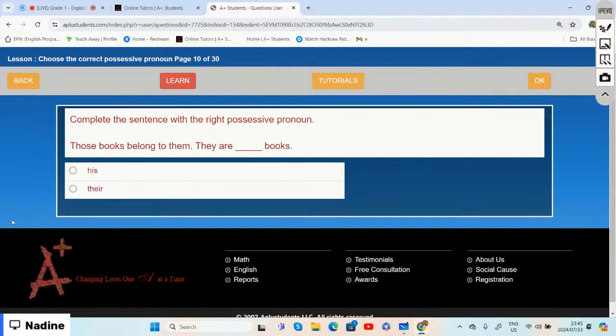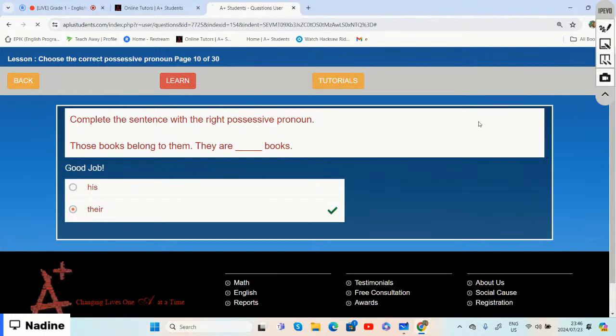Or do we say they are their books, which belong to them? All right, and if we were to choose the correct option, then we can say those books belong to them. So it is their books, right?